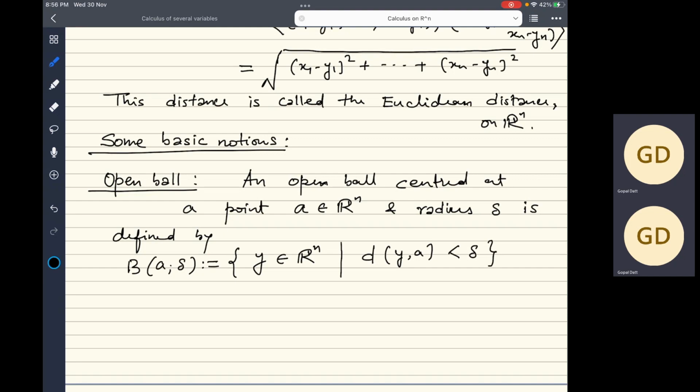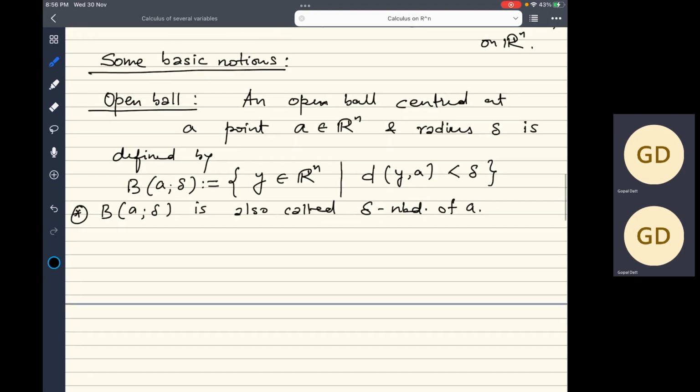Now, this open ball is also called delta neighborhood of A. So in similar fashion, we can define closed ball.